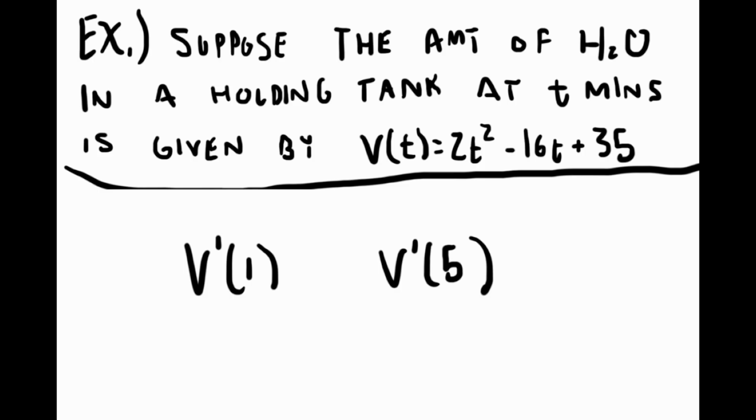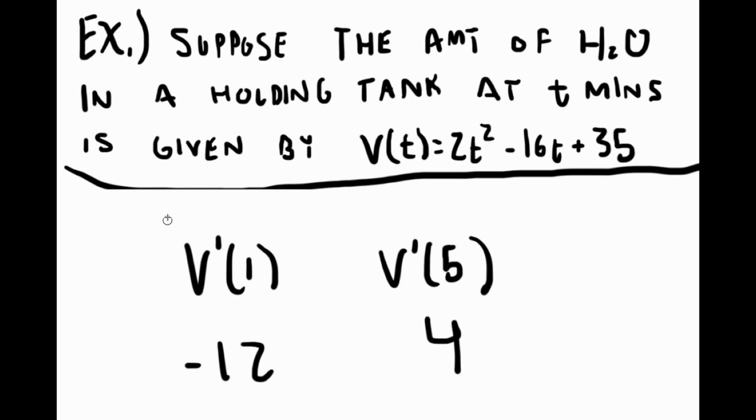And based on which one is bigger, for v prime of 1, it was -12, and for our v prime of 5, it was 4.